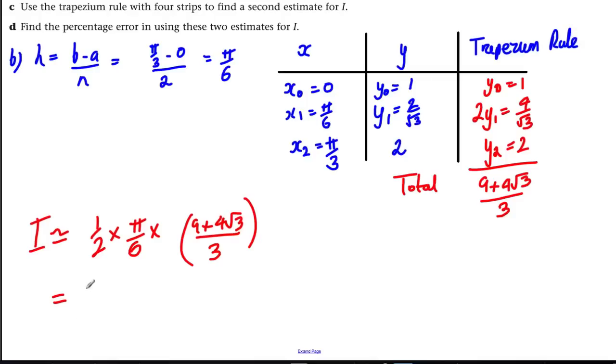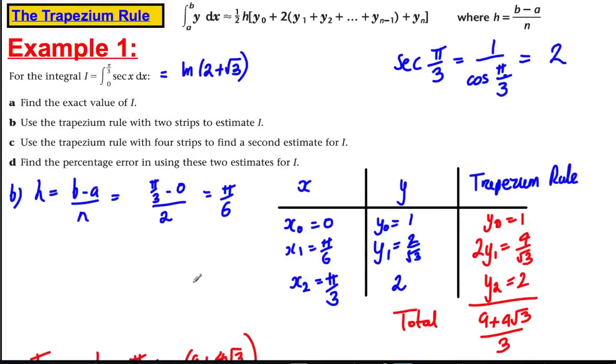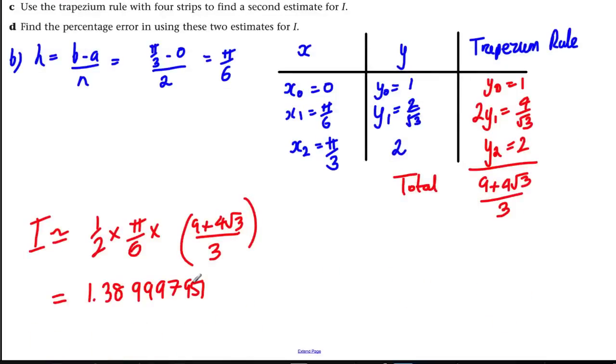And we get ourselves 1.389997951. I will leave it like that for now because it didn't ask us any more than that.